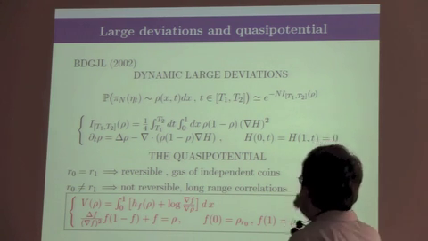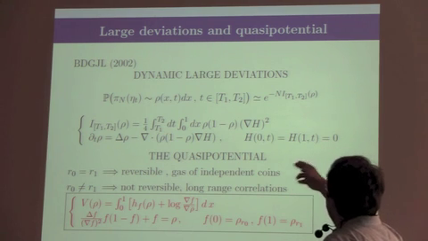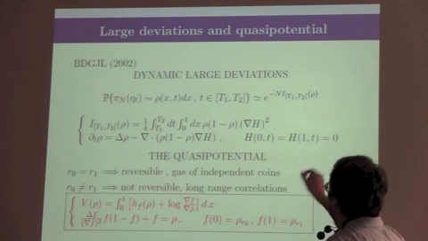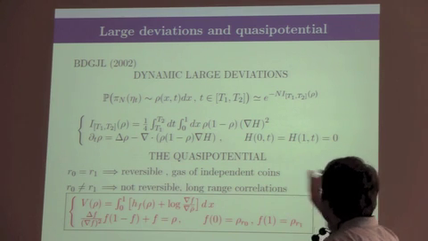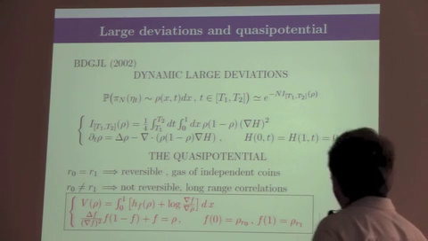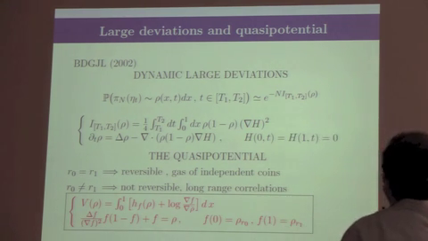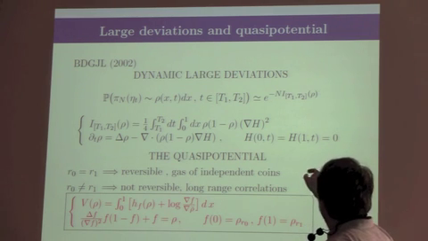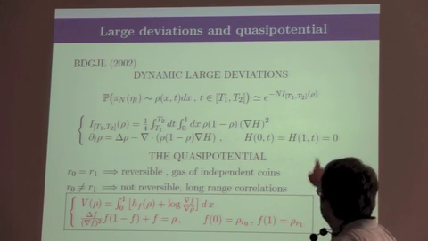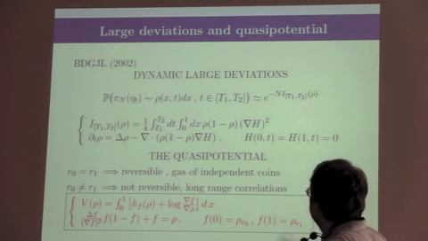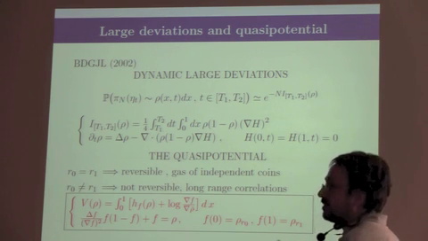So you can ask now the probability to see, in a given time window, a given density profile rho(x,t), and this probability will be exponentially small with a rate function that is obtained like this. It's a norm of an external field H that you have to put on your equation in such a way as to see a rho that is different from the typical one.